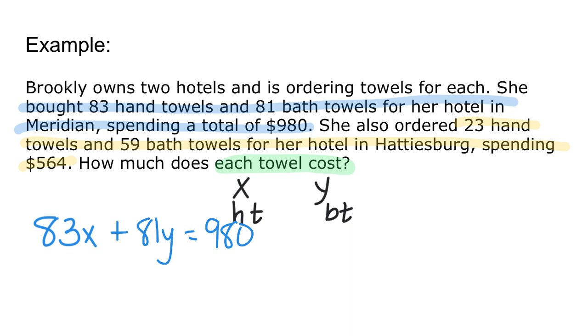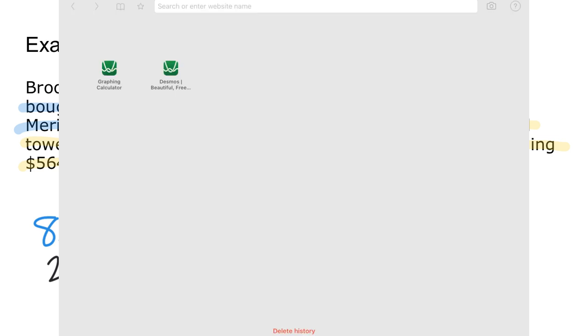And then at the Hattiesburg one, she bought 23 hand towels and 59 bath towels to give that total of $564. So those two equations represent one for Meridian, one for Hattiesburg. I have those two totals, and so I put together what created those totals, and that's going to allow me to find my solution to this.